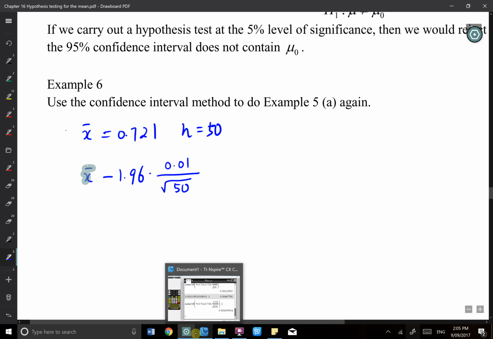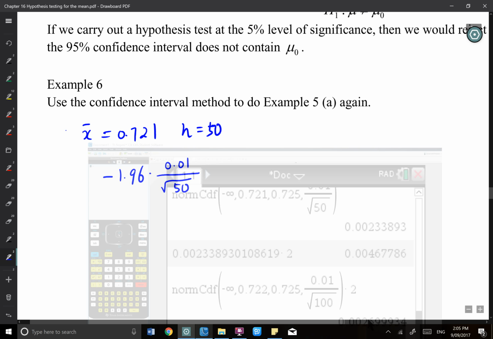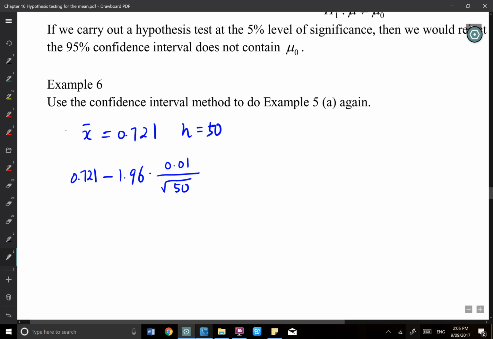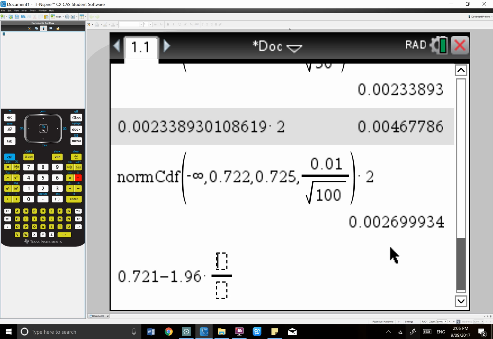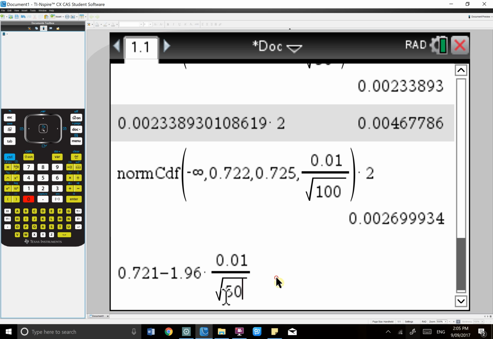X bar is 0.721 minus 1.96 times 0.01 over the square root of 50.